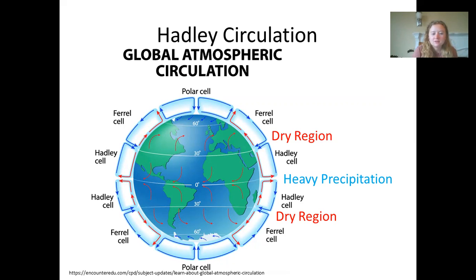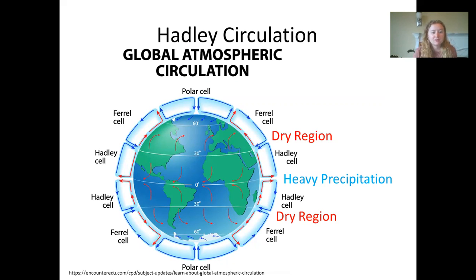And as that air is pushed along at high altitudes, it cools down. When the air cools down, the water vapor within the air condenses, forming clouds and eventually precipitation, which causes the regions of rainforest along the equator.